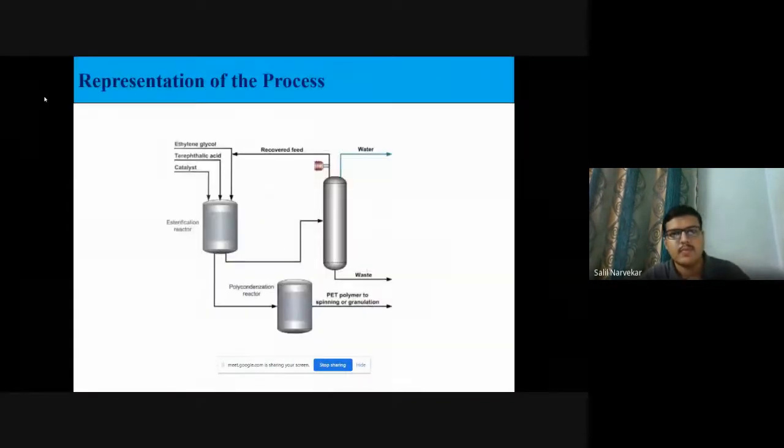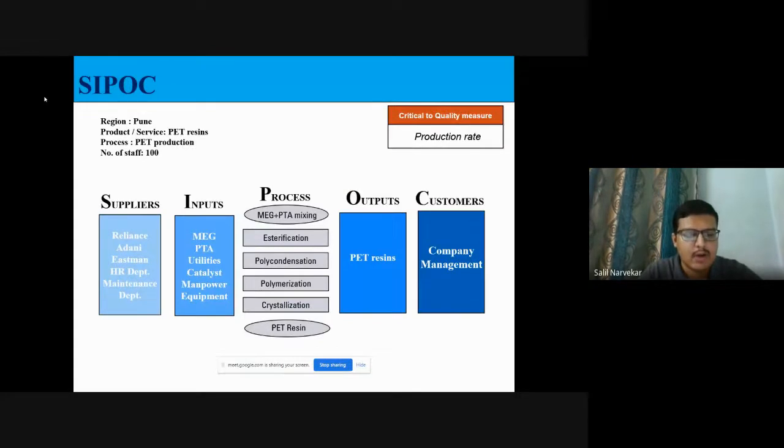So coming to the SIPOC, this is a tool which stands for suppliers, inputs, process, outputs, and customers. It provides a high-level view of the process. Sometimes people also use COPIS, because the customer is the main focus. Some people like to start this table from customers.